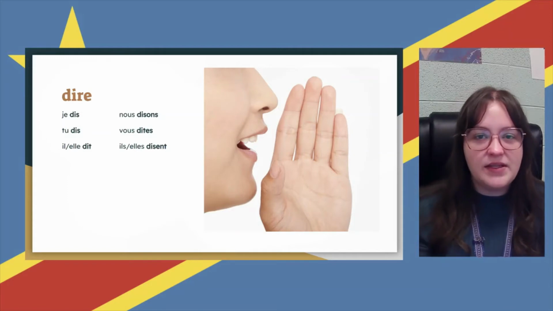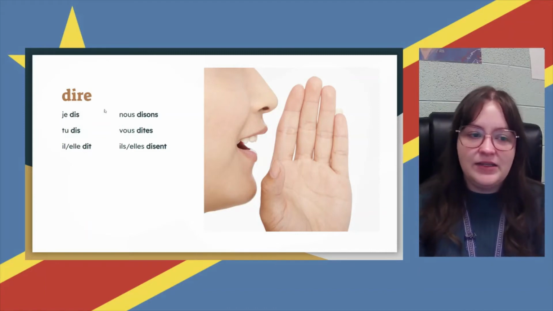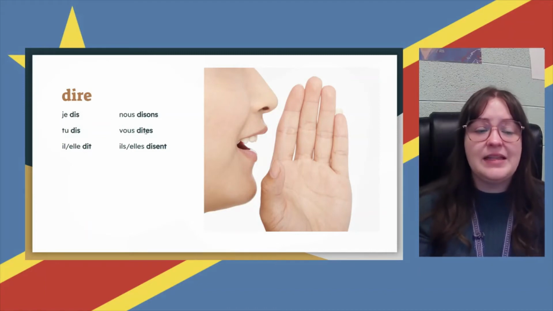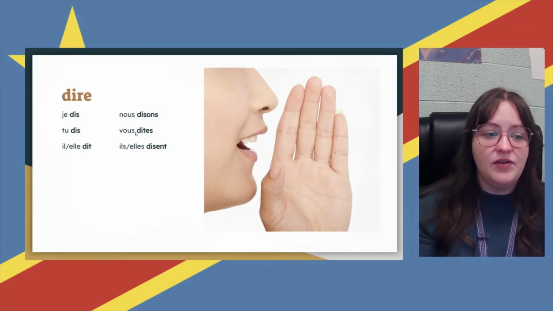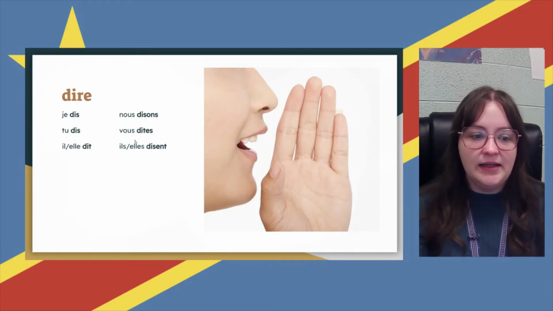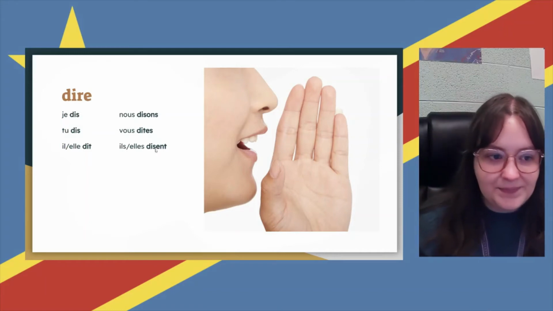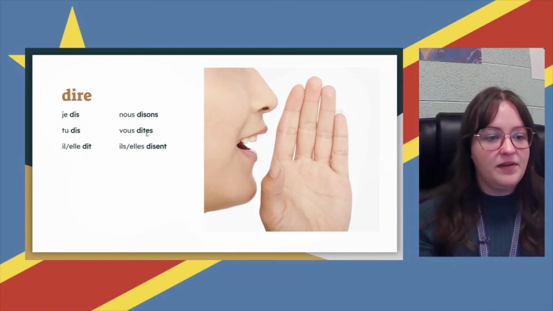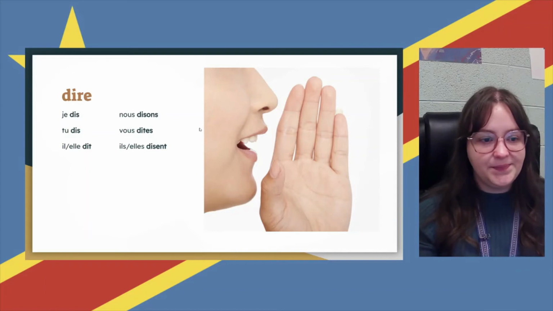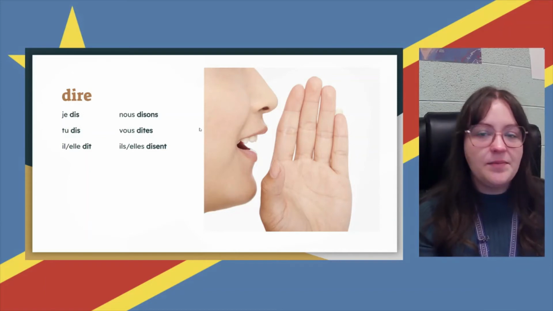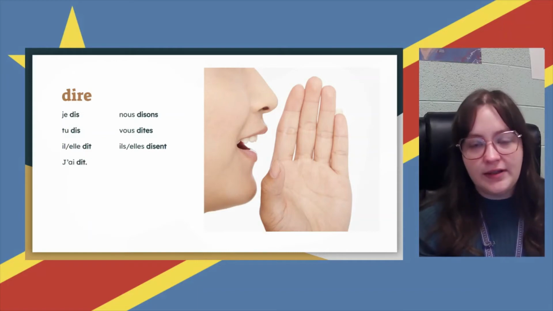Okay, so kind of a similar pattern to lire, right? Li, li, di, lisons, disons. It's different for vous, right? So lisez versus dites. Similar pattern with the exception of dites. Alright, past participle is dit. J'ai dit. I said or I told.